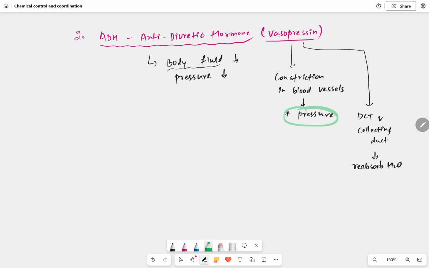So to increase the fluid volume, this vasopressin or ADH is now causing the reabsorption of water in the DCT, distal and collecting duct.